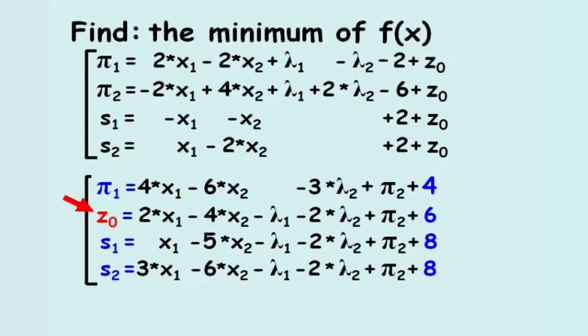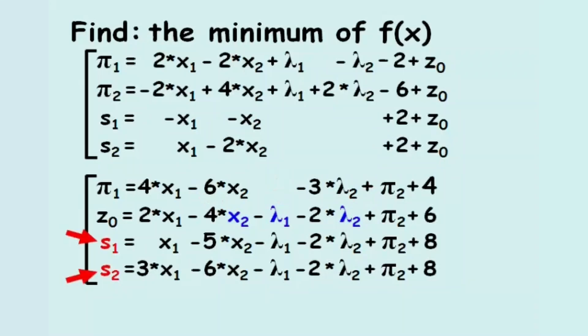Since we are trying to drive z0 down to 0, we'll look at the variables with negative coefficients in this row, which are x2, lambda 1, and lambda 2. If one of these 3 variables increases in value, then z0 will decrease in value, which is our objective.